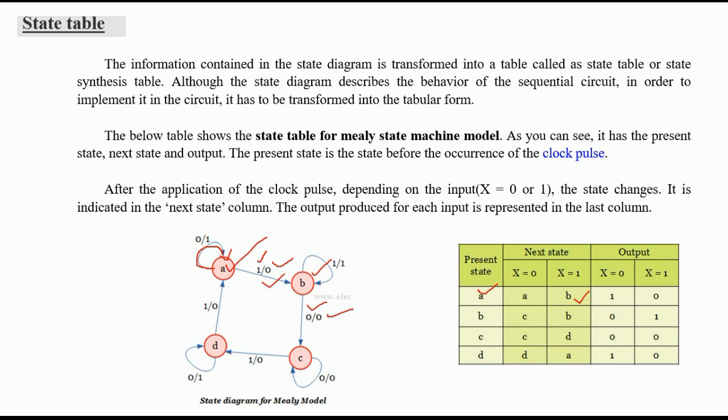So it goes to C and produces the output 0. Whatever the output 0 acts as input to C. And the output is also 0 for 0 input, that's why 0 by 0 here, and 1 by 0.